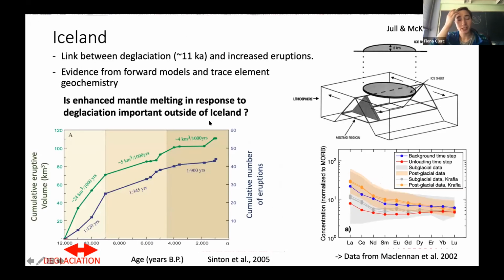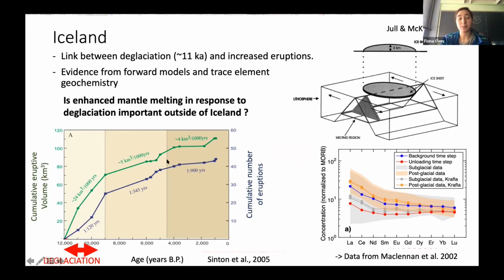Answering this question is tricky, as the link between deglaciation and enhanced mantle melting is most strongly established in Iceland, which is tectonically different from Yellowstone due to the presence of the mantle plume and the spreading ridge. In Iceland, there was an increase in eruptive volume. The slope of the line is greatest during this deglaciation interval around 11,000 years ago.